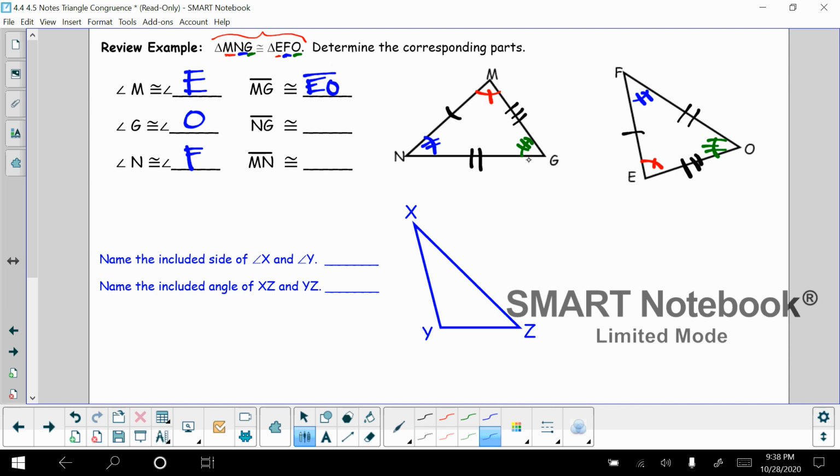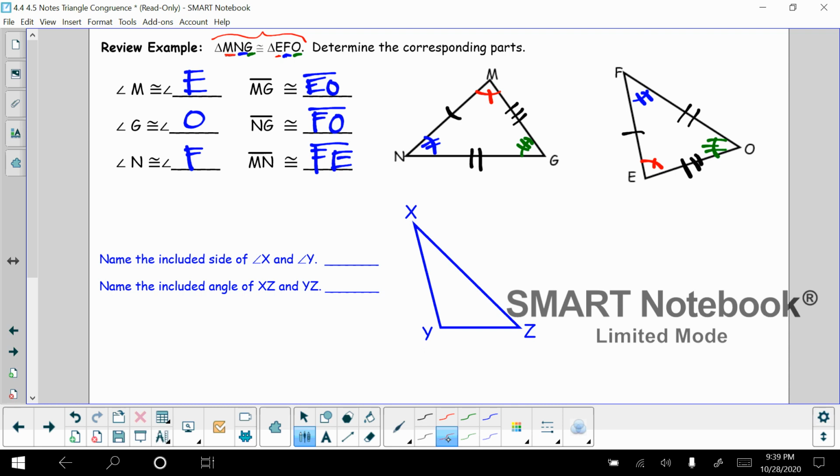NG is down here, the 2 tick marks. That's going to be congruent to FO. And then MN is the 1 tick mark, and so the 1 over here is FE. So you have to work with corresponding parts. You have to know which one corresponds to which whenever you're referring to congruent triangles.